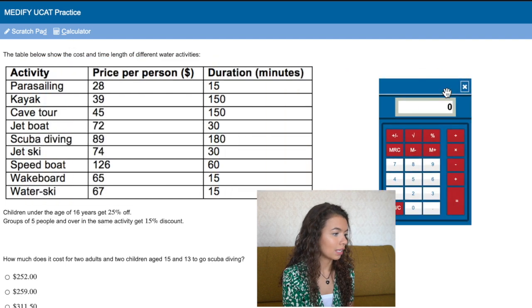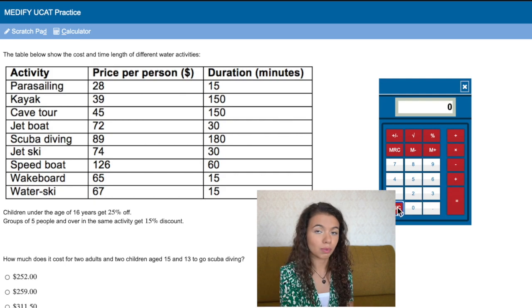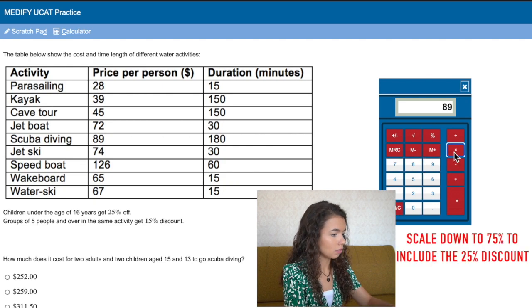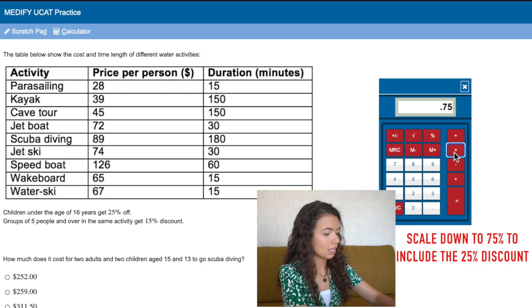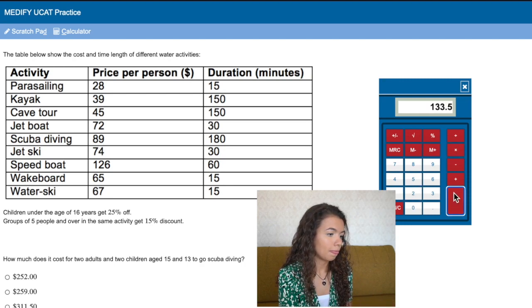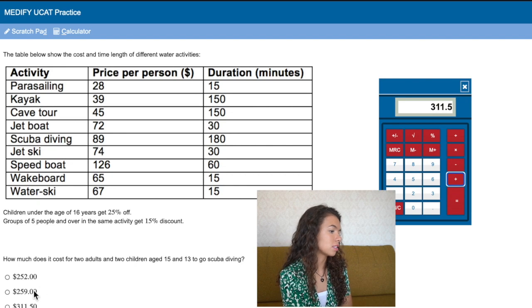So if you get our calculator out, 89 times 2 for the adults, you get 178. And we want to quickly calculate the price for the children. So scuba diving, again, 89 times 0.75 multiplied by 2, so 133.5 plus 178, which gives you the total price of $311.50.